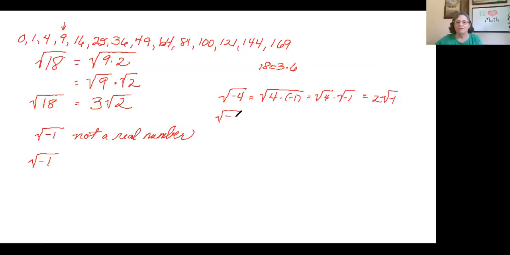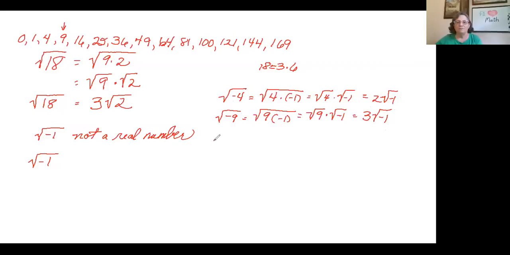The square root of -9 could be rewritten as 9 times -1. So we'd have the square root of 9 times the square root of -1, or 3 times the square root of -1.